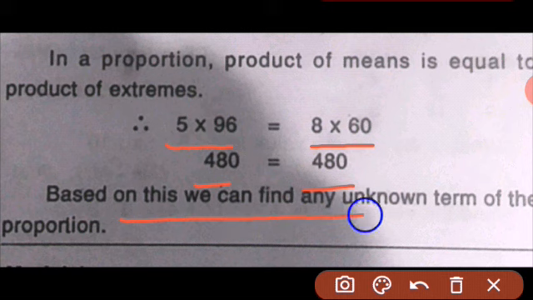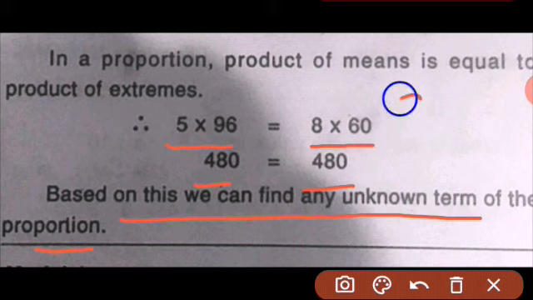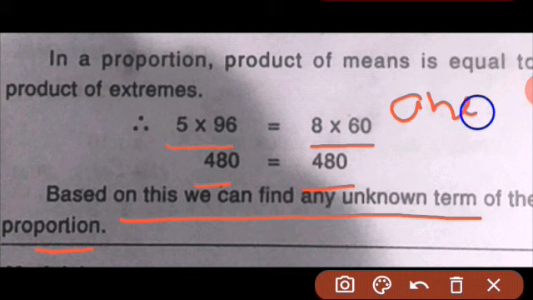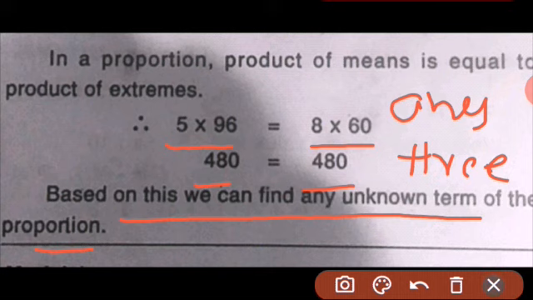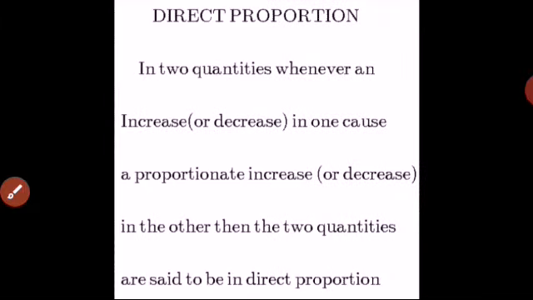Based on this, we can find any unknown term. There are 4 terms here. If you know any 3 terms, you can find the 4th one. This is the concept.